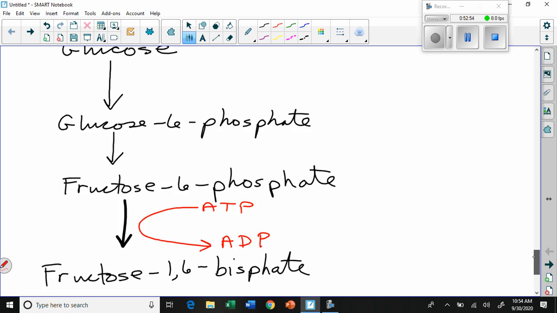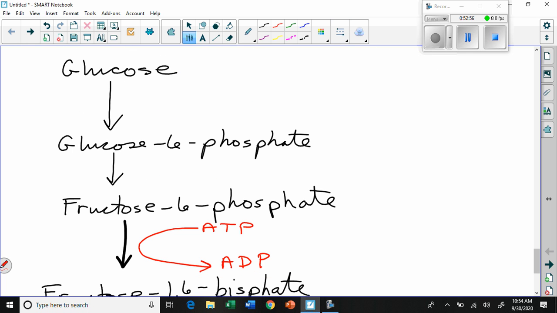Okay? And we also should go back to the first step, which I neglected to do, and remember that in order to add the phosphate in here, an ATP had to be involved. Whenever ATP turns into ADP, that's using energy. That's putting energy into the molecules. And that energy is a loss, right? It's like lighting your fire with a match. You have to use a little bit of match first.